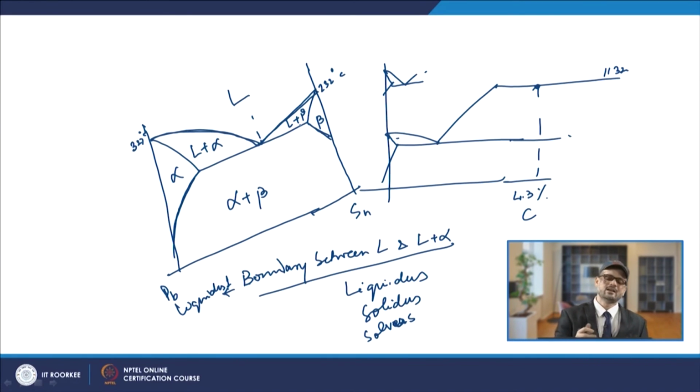And if you talk about the alpha and alpha plus beta zone, or beta and alpha plus beta zone, these lines will be the solvus lines.